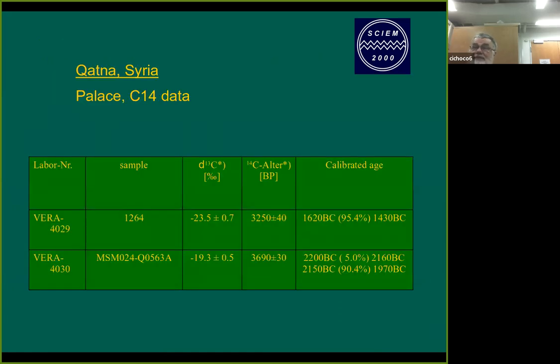We had some C14 data for the first idea, to get an idea about which time we are looking at. So there was one outlier which is far too young for the archaeological ideas concerning this unit, but here we have a datum which is quite fitting.